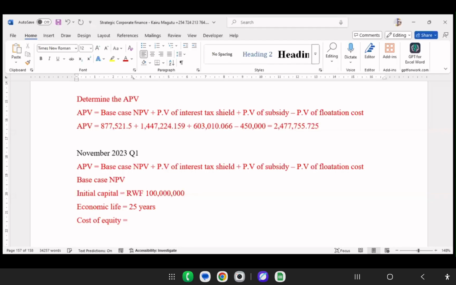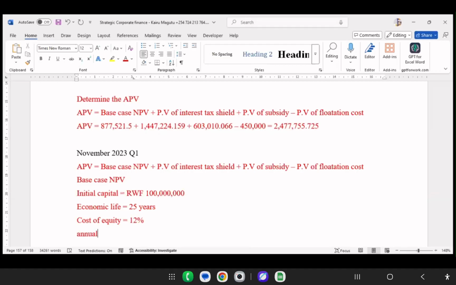We are told that the company pays corporate tax at 30%, and the company's investors require a 12% rate of return for the project when all equity financed. So the cost of equity is 12%.